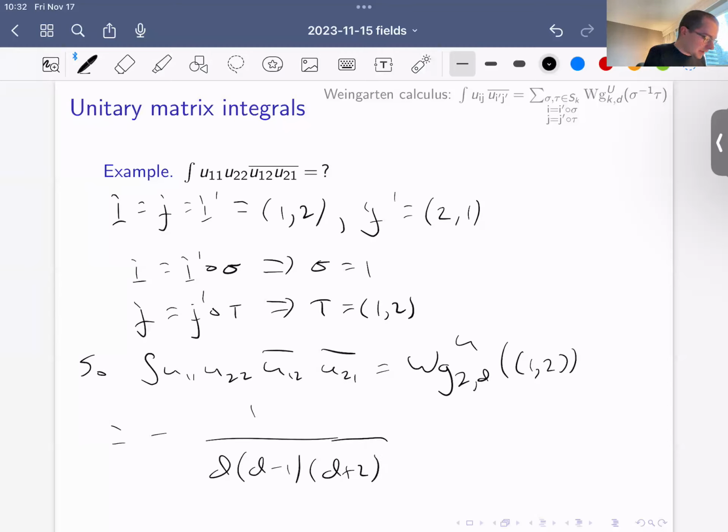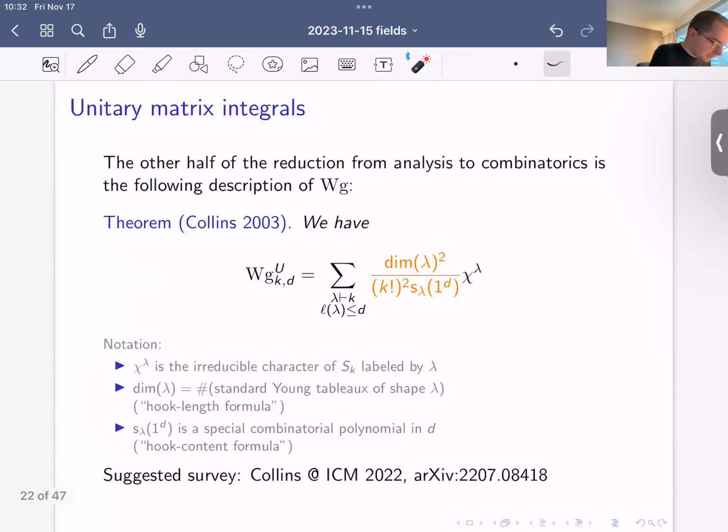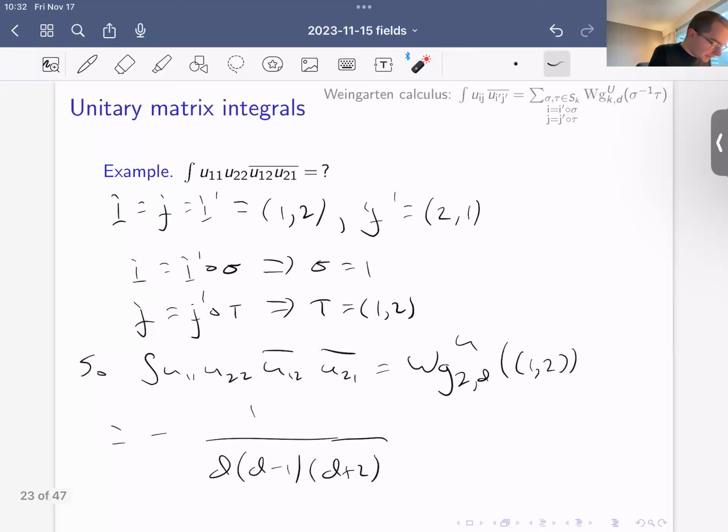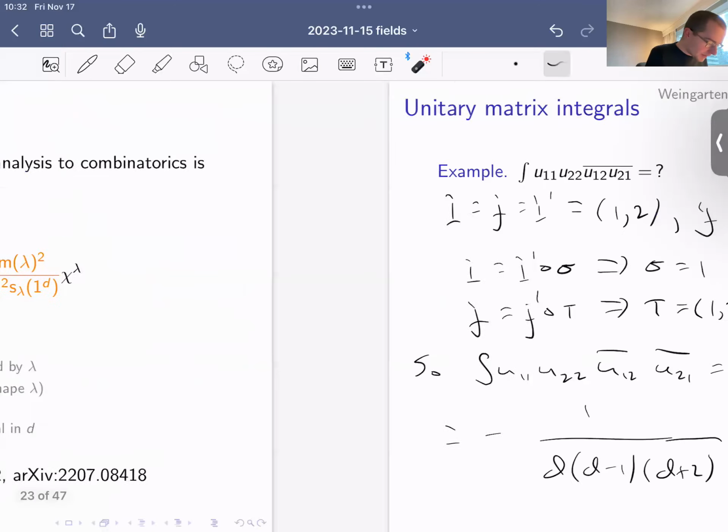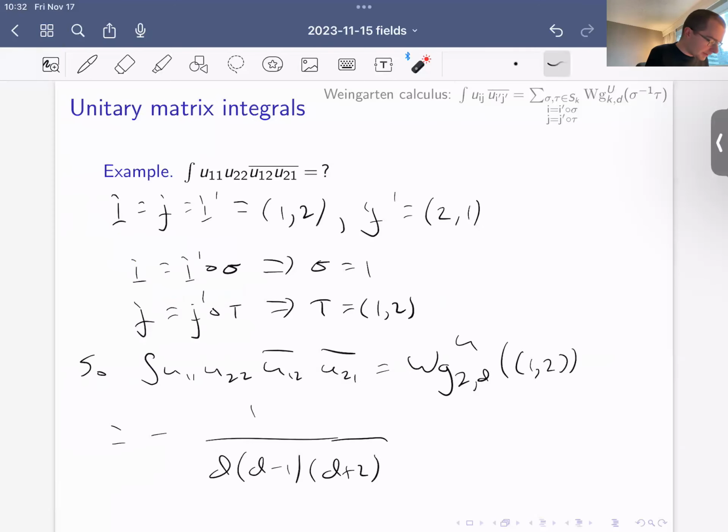This is just copied from a reference table, but you can compute it directly using this formula. Basically, this rational function in d is going to come from this polynomial in d.